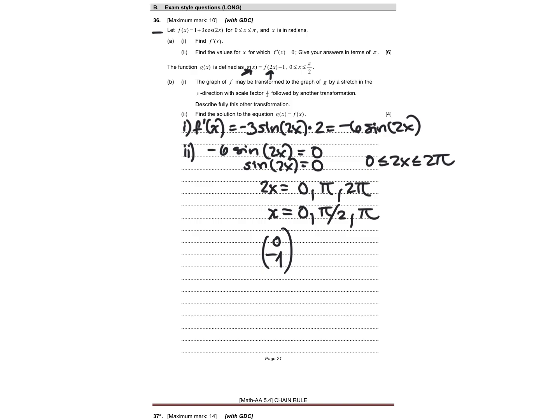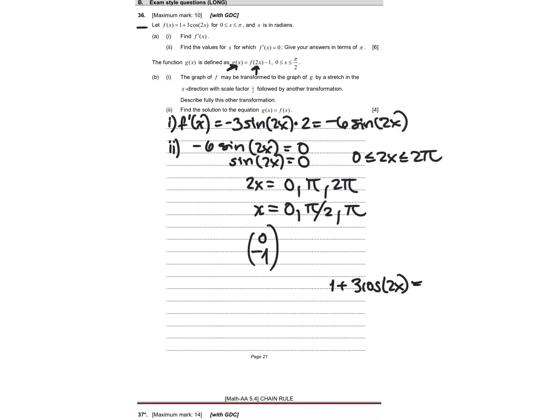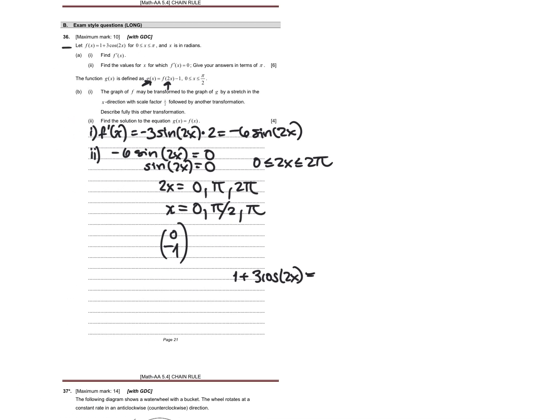And then find the solution to the equation 1 plus 3 cosine 2x equals g. So we need to substitute 2x in. So 2 times 2x is 4x, and then we subtract 1 because of that. All right, so those 1's go away.